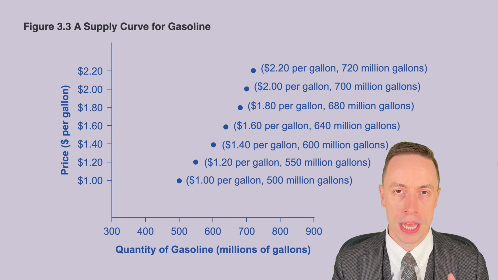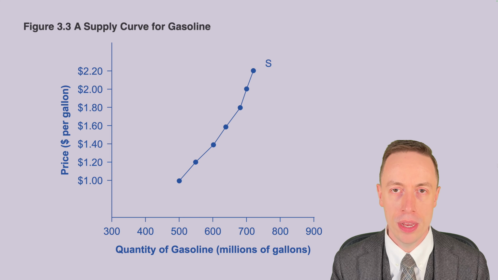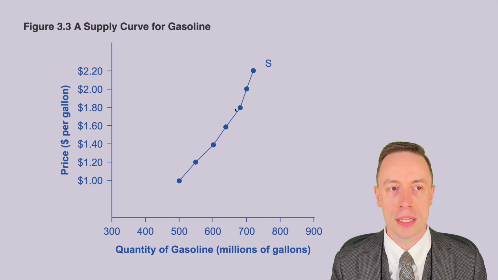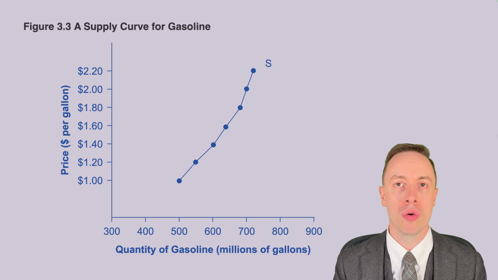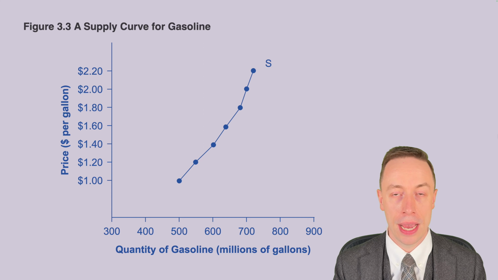Let's go ahead and connect those dots into what's called a supply curve. The entire supply curve is the supply of a product. If, on the other hand, we're talking about a specific number of gallons of gasoline at a specific price point, that will be referred to as the quantity supplied. So this is demand and supply in isolation.